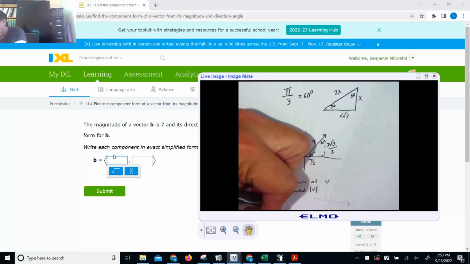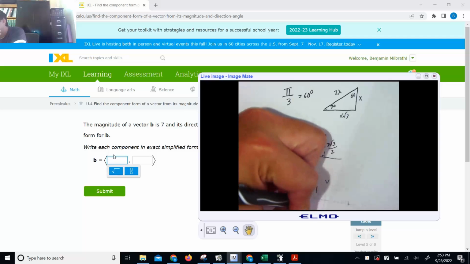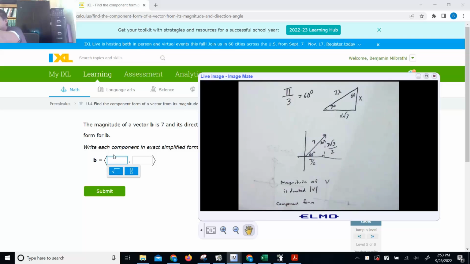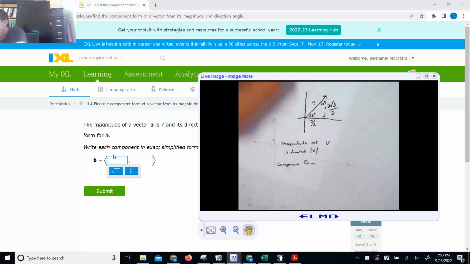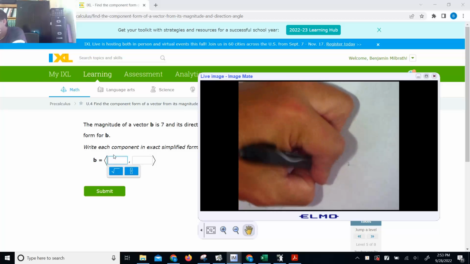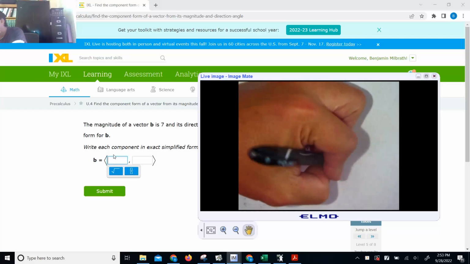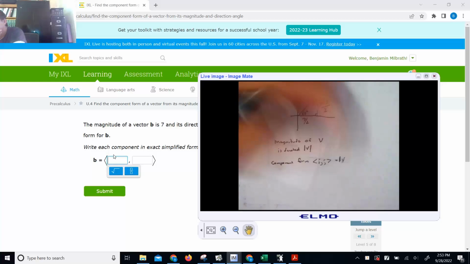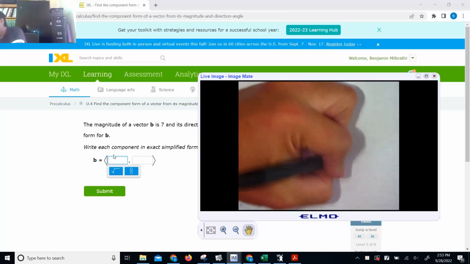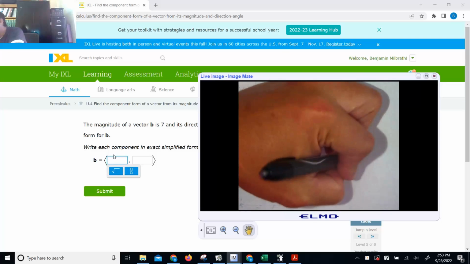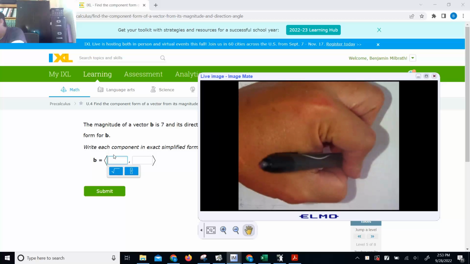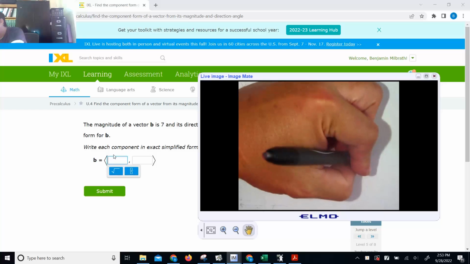So the component form, this notation right here, ij, can be found by taking the magnitude of v and multiplying it by the sine of theta i.